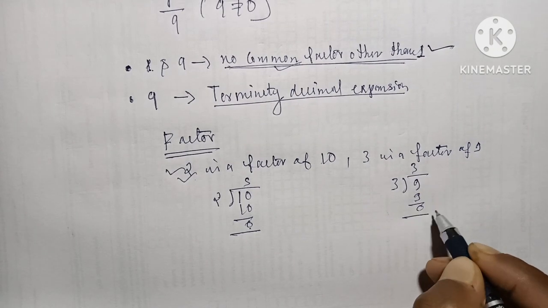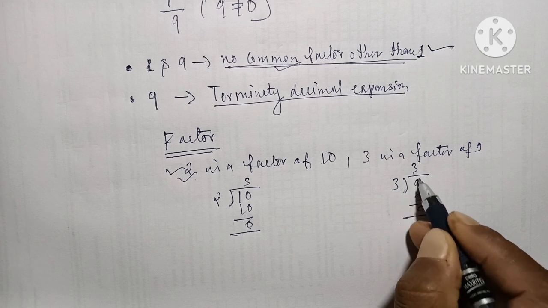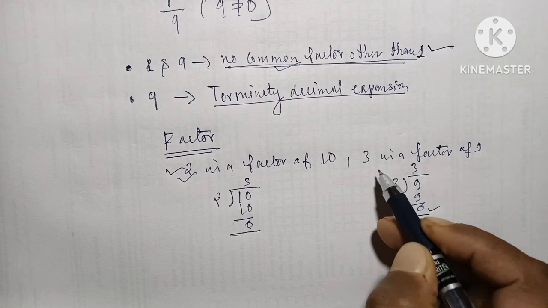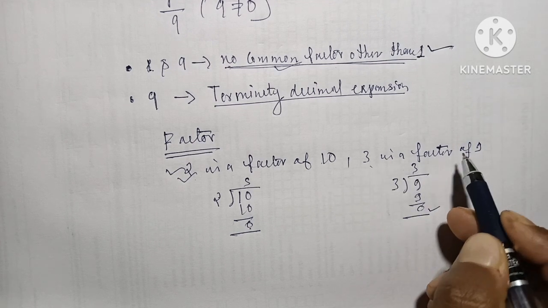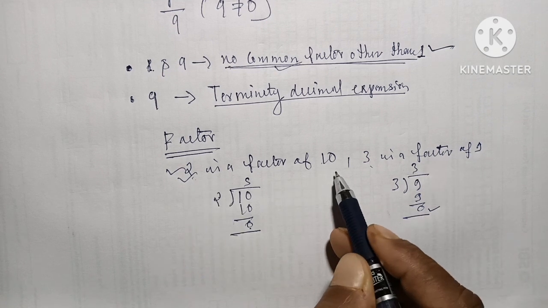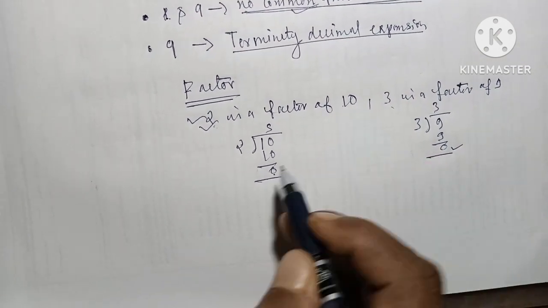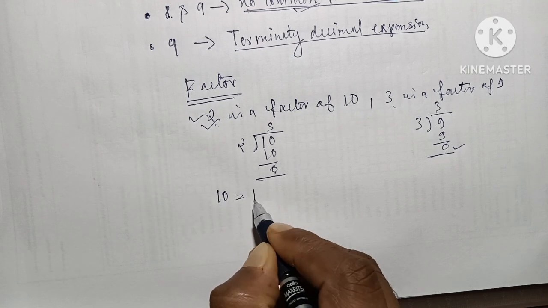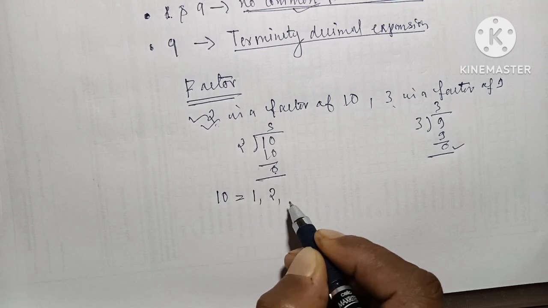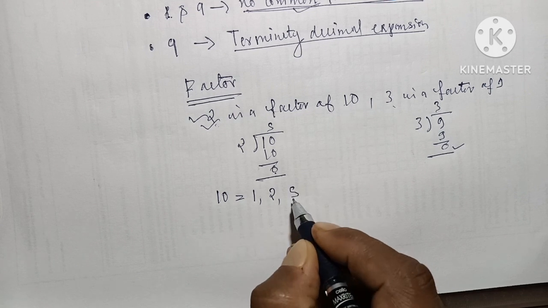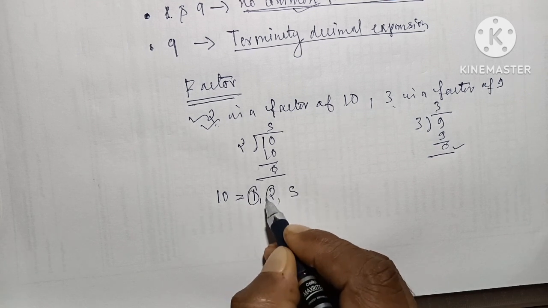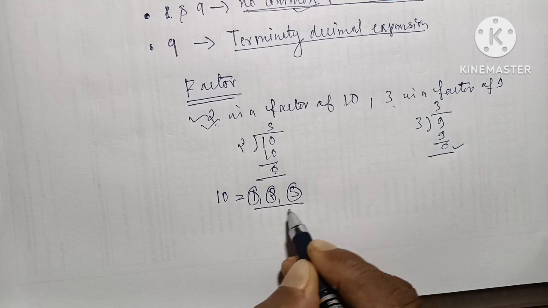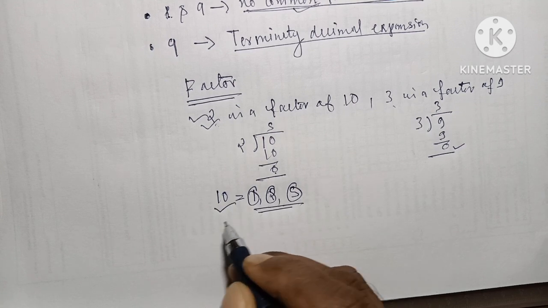Here you see 3 divides 9 completely with remainder 0, means 3 is a factor of 9. In this way 10 has many factors. 10 can be divided by 1, by 2, and by 5 also, means 1, 2, 5 are all factors of 10.